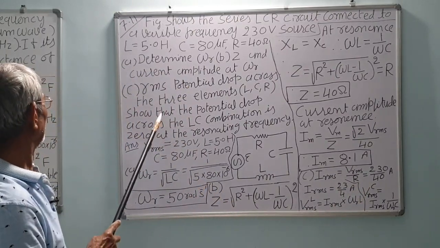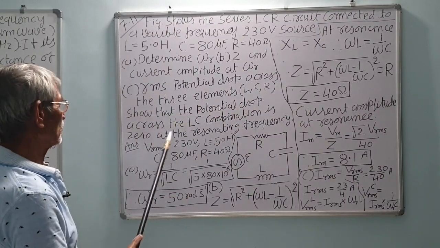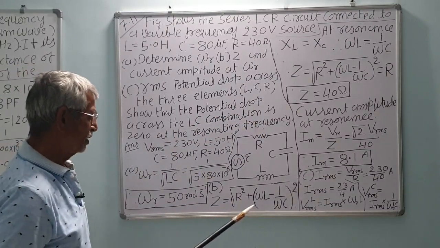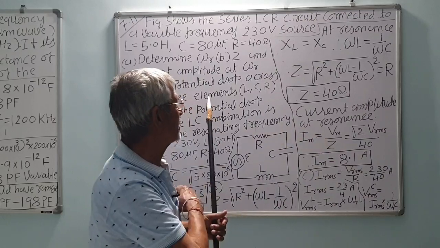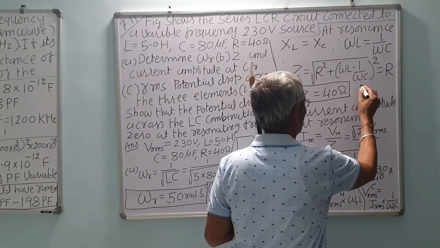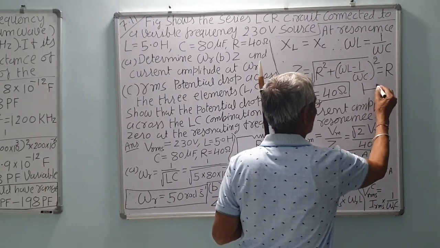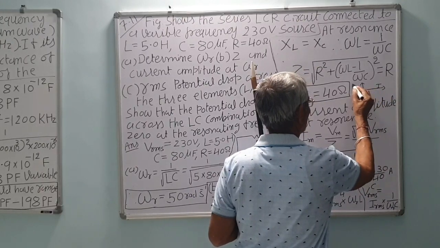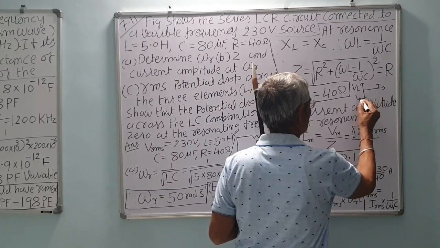Then the last one. The potential drop across the LC combination is 0 at the resonance frequency, because these potentials are out of phase by 180 degrees. You know that, say this is the current, then this is the potential VL and this is the potential VC.